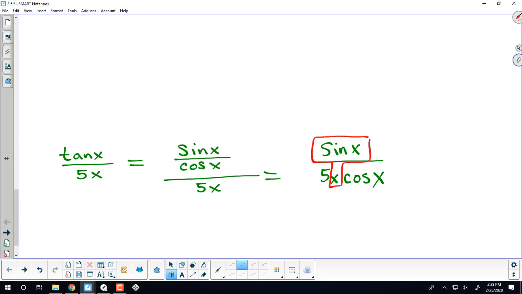So let's look at it like this. That's the sine of x over x times what? 1 over 5 cosine x. So the limit will take care of what's in red. Can we compute the limit as x goes to 0 on 5 cosine x without that being 0?